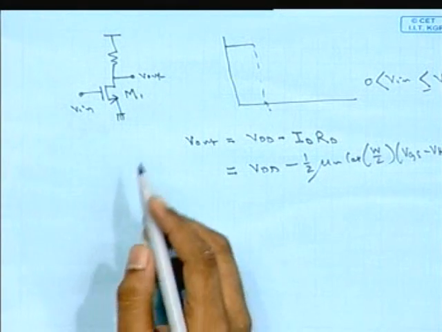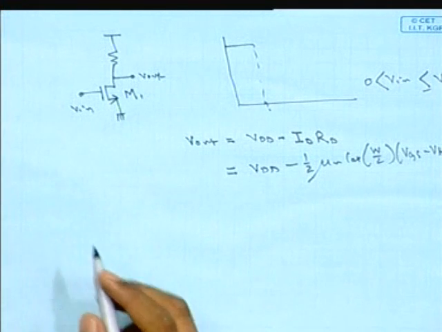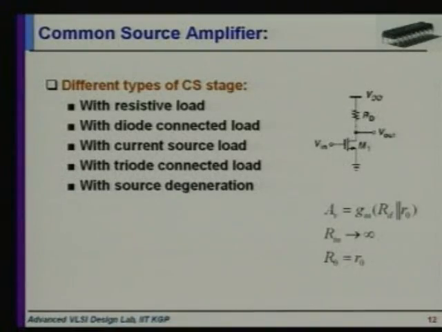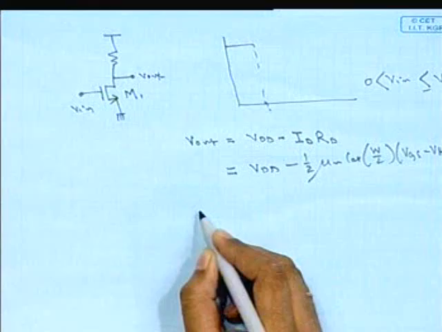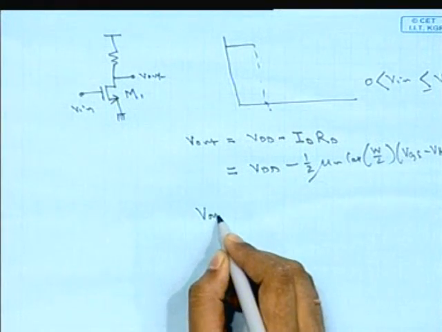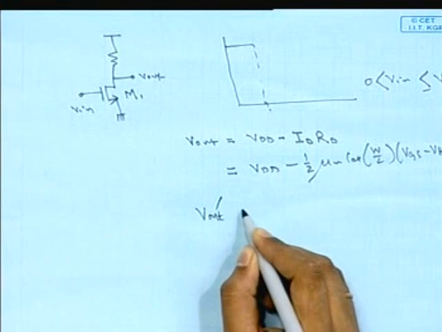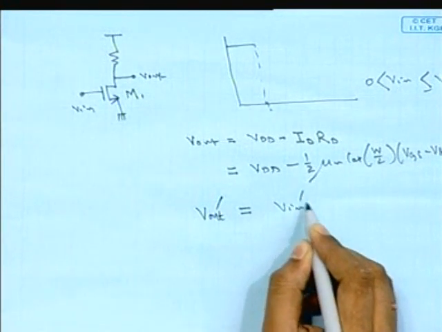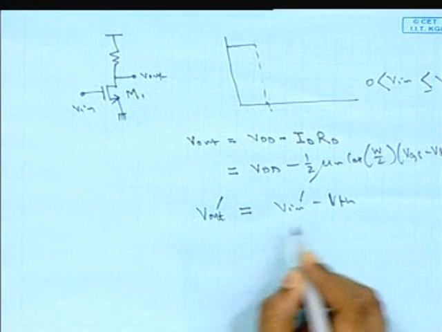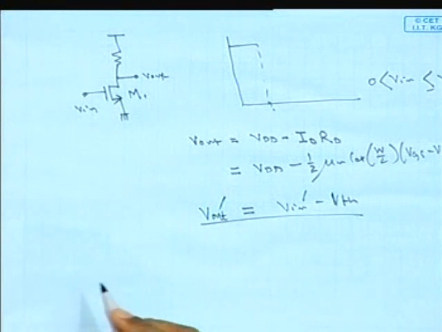Whenever the output voltage equals Vin minus VTH for a particular Vin, then the MOS will be in the linear region. That is, we can write Vout prime equals Vin prime minus VTH, then this MOS transistor will be in the linear region.